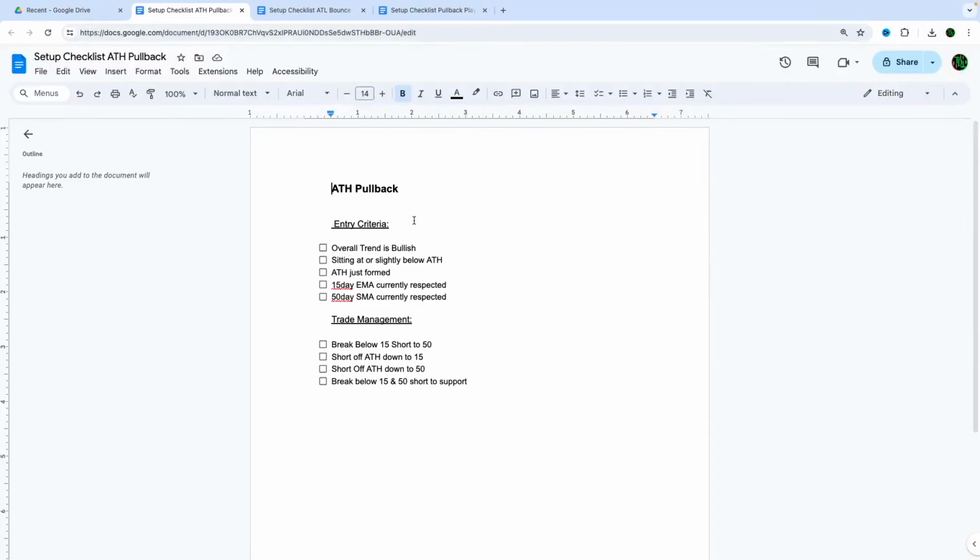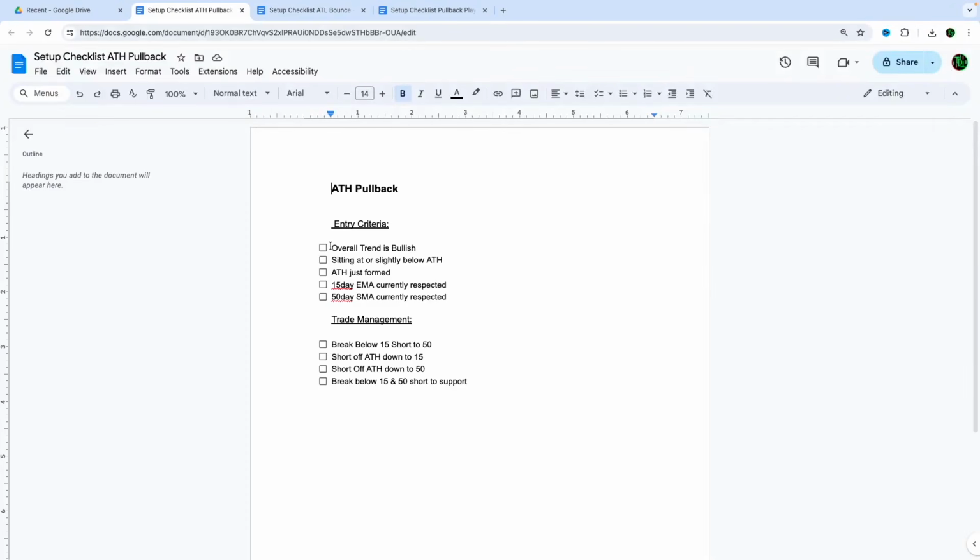Okay, we want to see that the 15-day EMA is currently respected, and we want to see that the 50-day SMA is currently respected. Preferably, like I said, all of these boxes will be checked off, and the more boxes we can check off, I would say the more confirmation it is that that trade will actually play out in our favor, right?